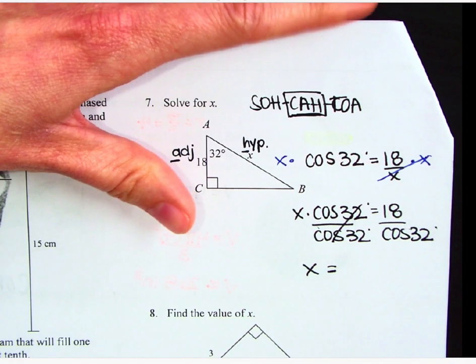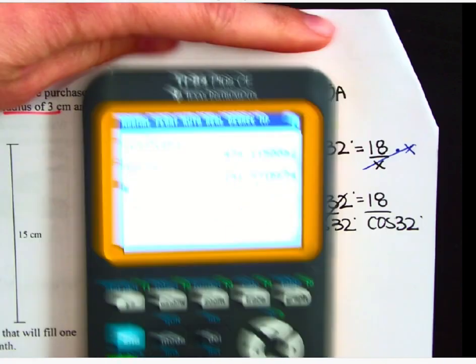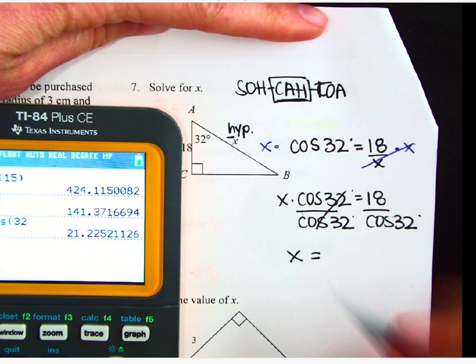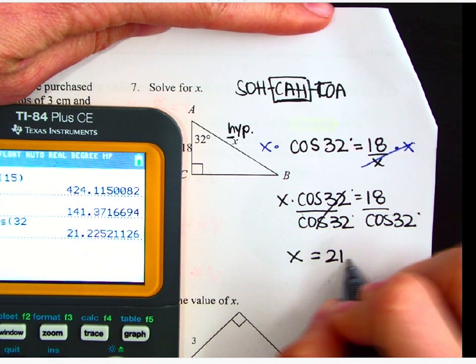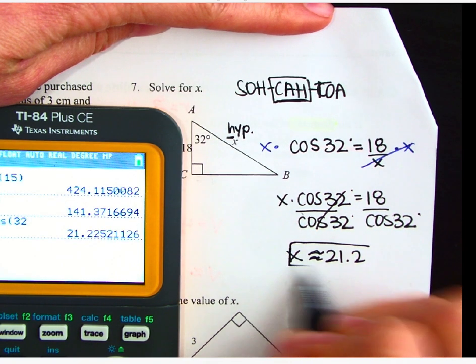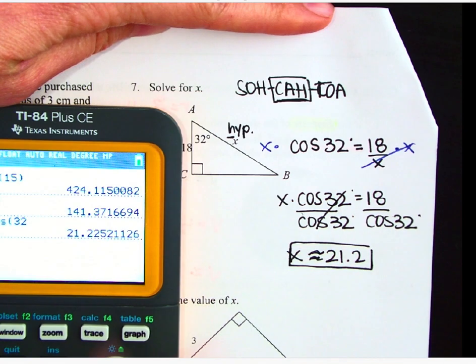So 18 divided by cosine 32, we're going to type that in the calculator. And that's going to give us about 21.2 for the length of that hypotenuse, or for x.